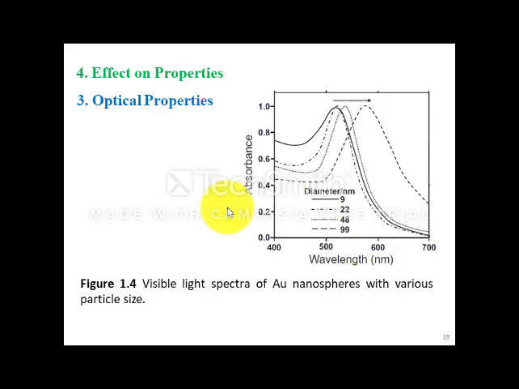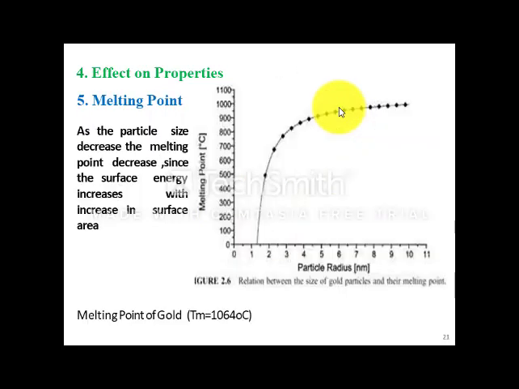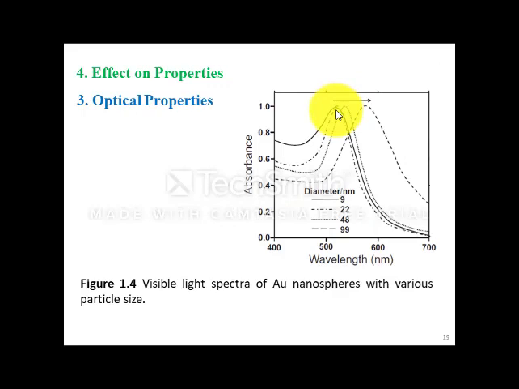If you have already studied Beer-Lambert law, you know about lambda max, which means the wavelength at which a material absorbs maximum of the radiations. For example, here this is the lambda max at this wavelength. This is about 530 nanometer.